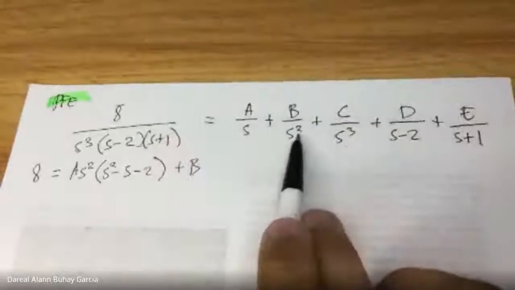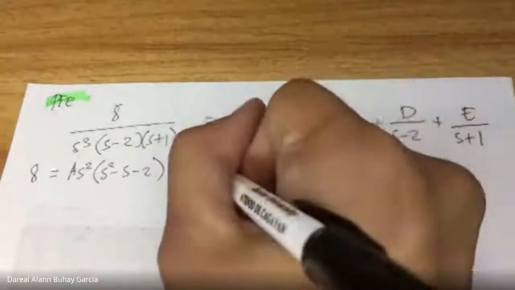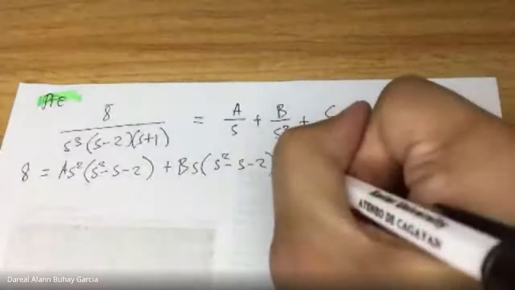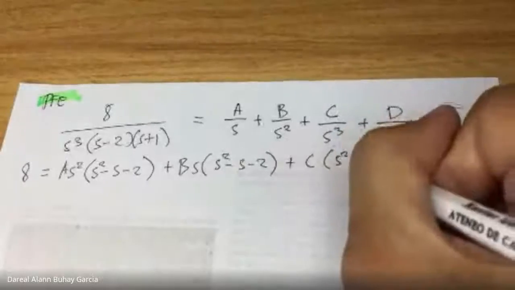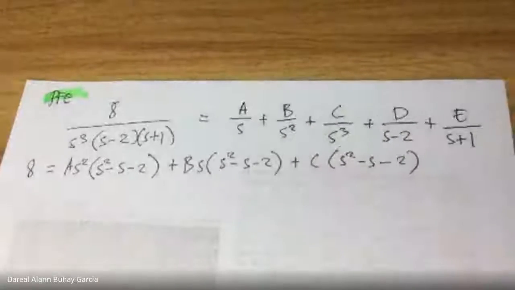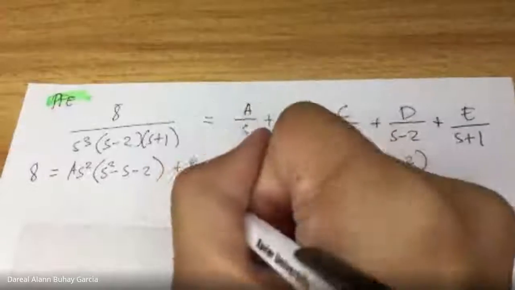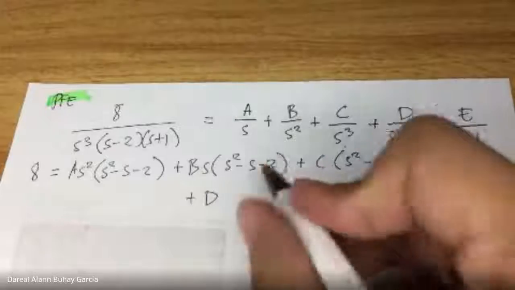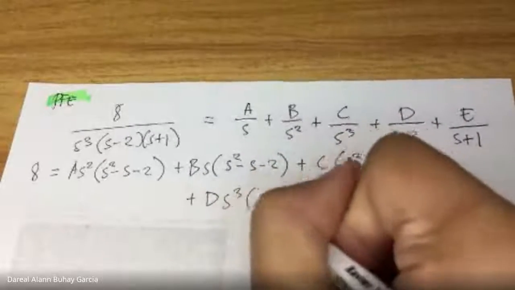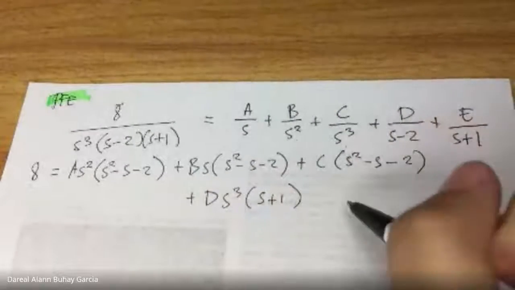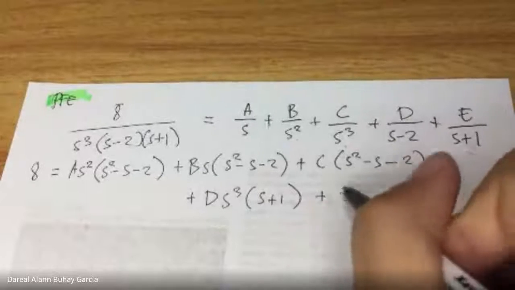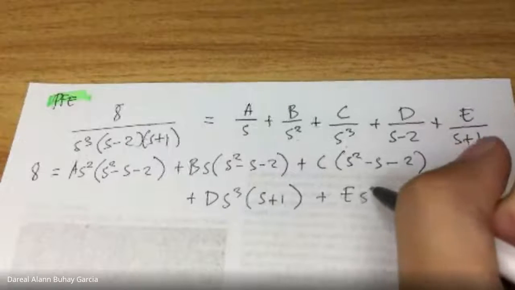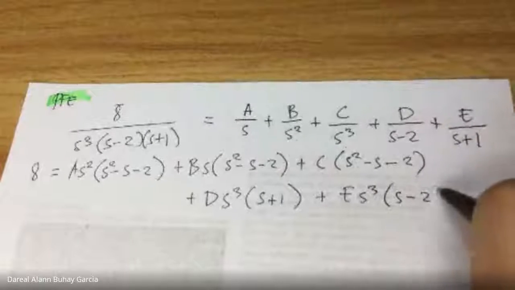Plus B S, the same S squared minus S minus 2. Plus C, S squared minus S minus 2. Plus D, S cubed, S plus 1. Plus E, S cubed, S minus 2.